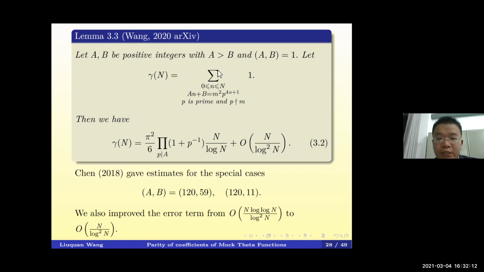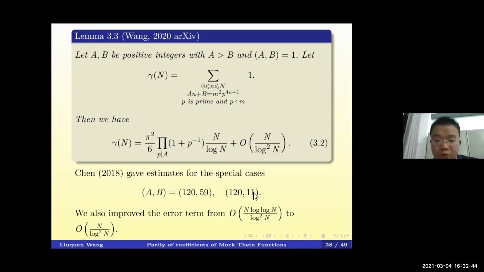So we denote this number by gamma of capital N. Then we find that gamma of N has the main term capital N over log N times some coefficient, and the error term is capital N over log squared N. So this generalizes the estimates of Chen, because in his paper he gave estimates for two special cases, when A, B equals 120, 59, and another case is 120, 11.